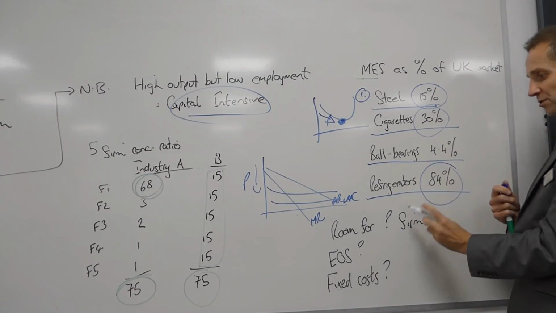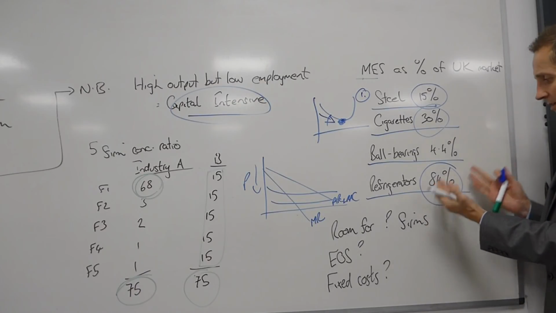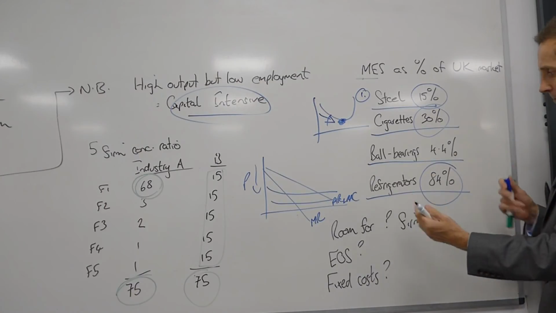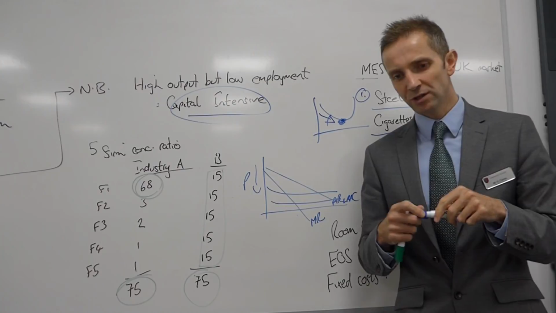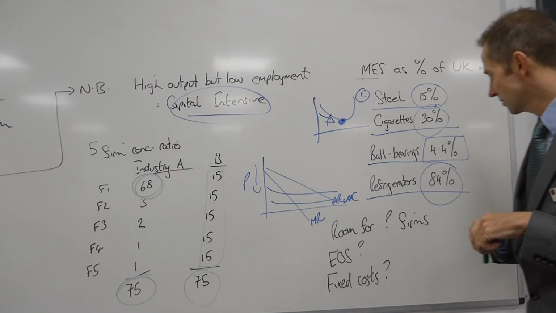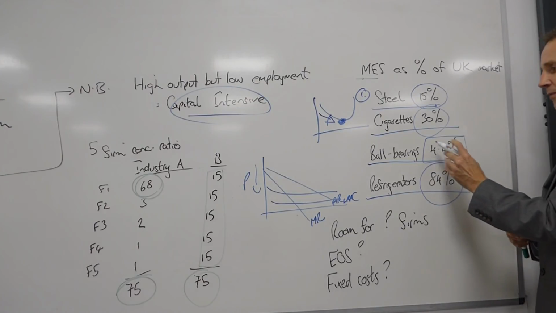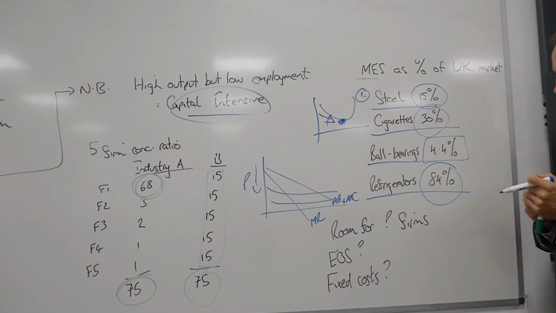In the refrigerators industry, well, that's looking more like really a natural monopoly, isn't it? Only really room for 1 firm. And in the ball bearings industry, where you can imagine small plant, relatively low fixed costs required, then there's going to be room for between 20 and 25 firms in that particular industry.